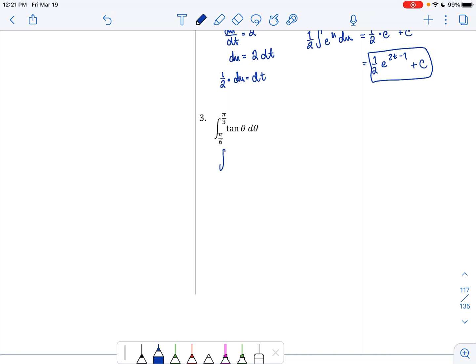But if you want to be able to find the integral of tangent, the way that you set this up is you say, well, tangent is sine over cosine. And then we consider that in terms of a product as 1 over cosine theta times sine theta d theta.